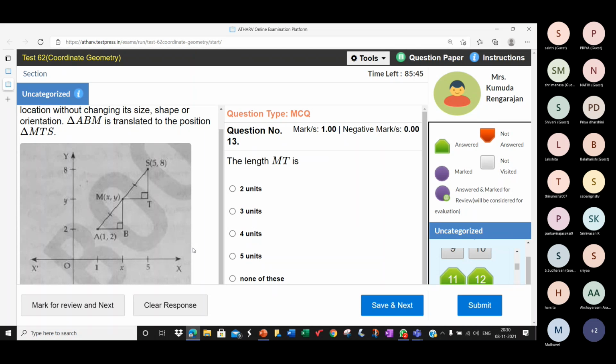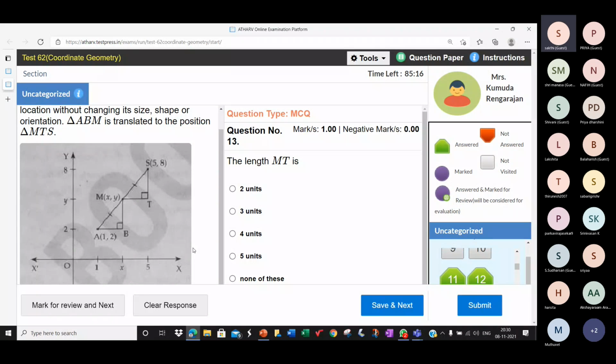How did you find? Using the distance formula, ma'am. Pythagoras theorem. Distance formula, is it? Yes, ma'am. Is there any alternate method? Ma'am, we can use Pythagoras theorem also. Okay. Is there still an easier alternative?